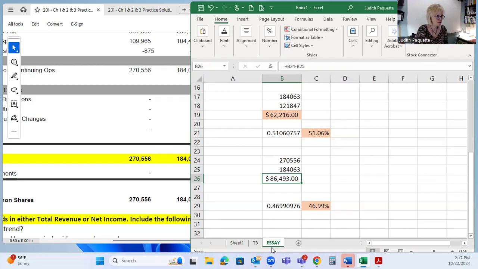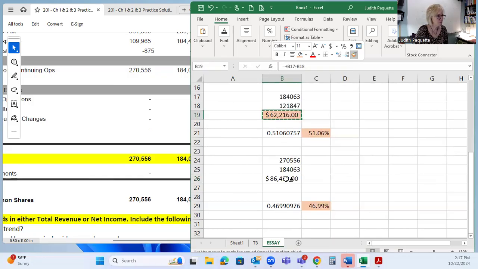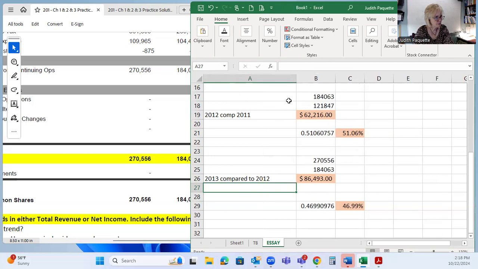So let's look at the solution now and see how we use this data. We have four pieces of data. We have 2012 compared to 2011 in dollars and in percent, and we have 2013 compared to 2012 in dollars and percent.